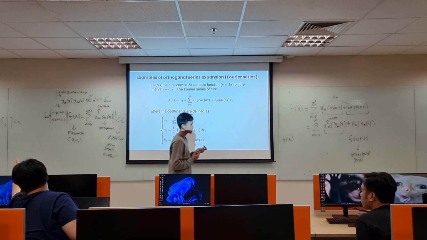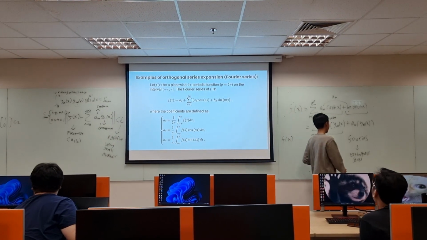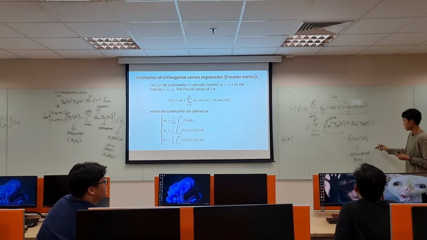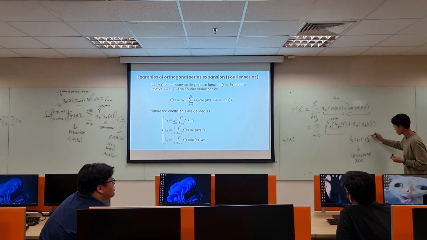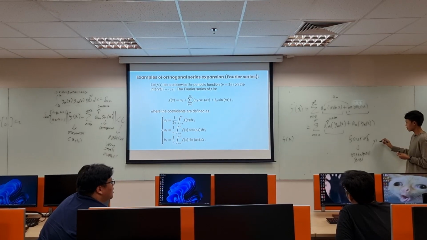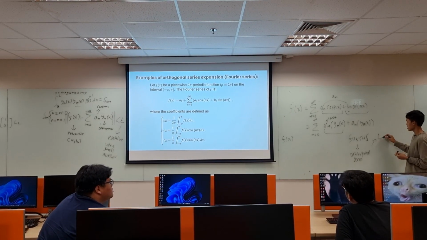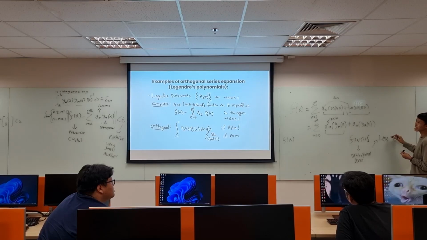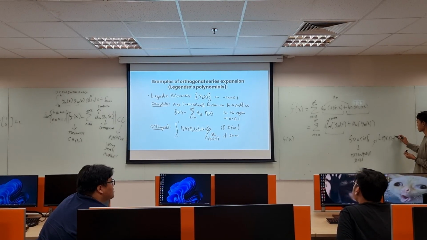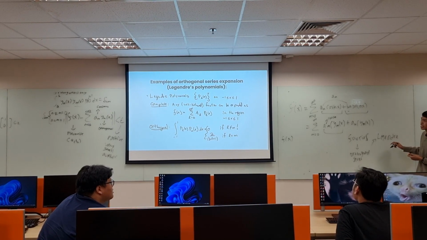Every generalized orthogonal series actually has many branches. First we have Fourier, and there is also something called Legendre, sorry if I pronounce it wrong, Legendre's equation.